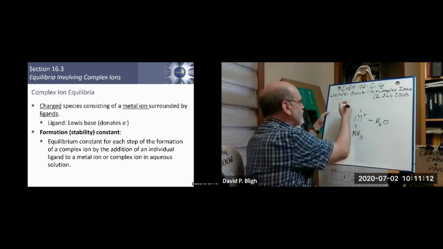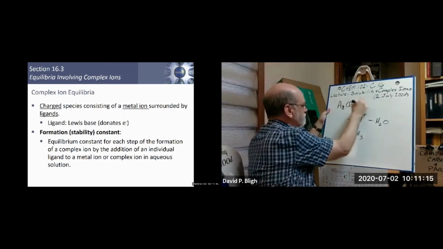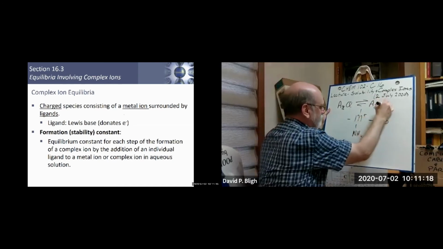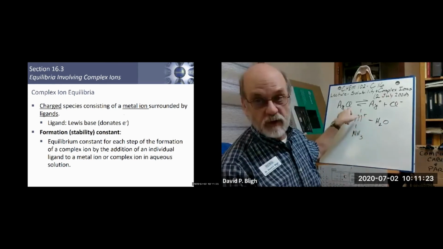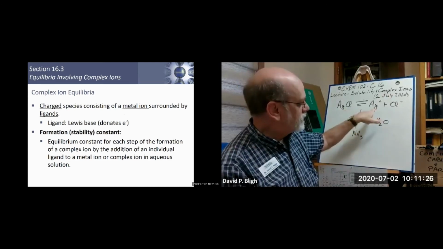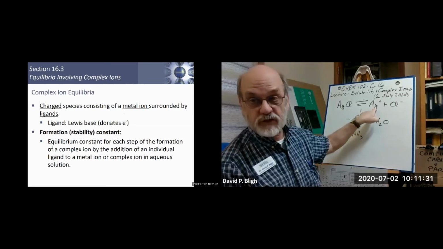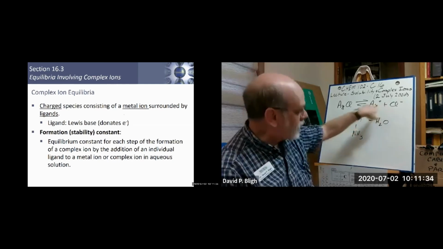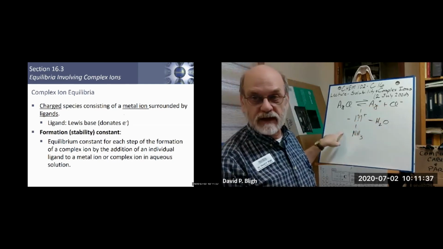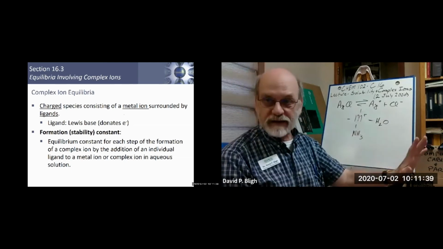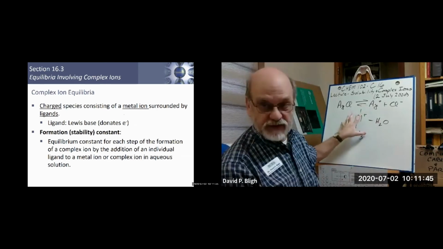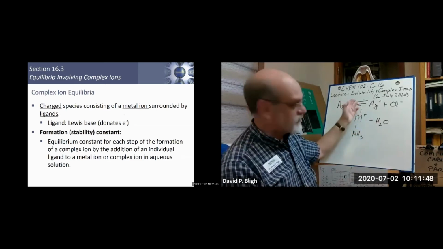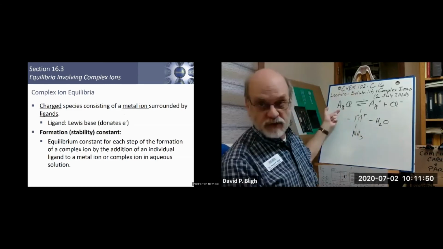So if we had something like this, and we wanted to increase the solubility of silver chloride, one way of doing it is to remove these silver ions into a complex ion whose equilibrium is far to the right. So the silver becomes complexed, and Le Chatelier says the more you remove, the more soluble the silver chloride.